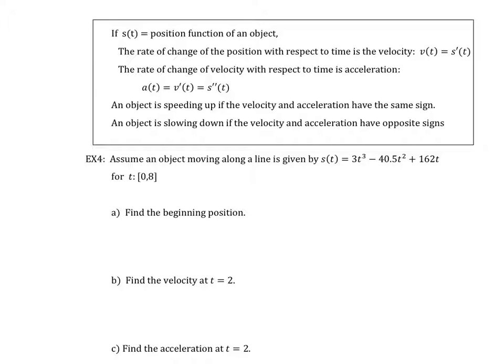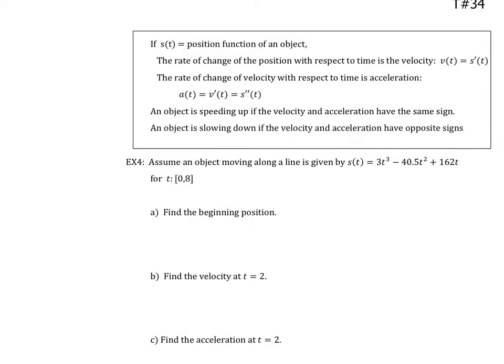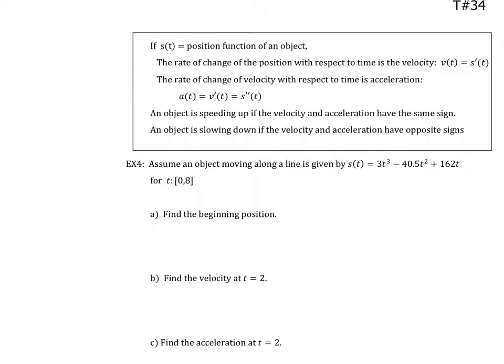So you have to realize that it kind of goes in that order. You have the position equation, its derivative is velocity, and its derivative is acceleration. So as I'm going down, I'm differentiating, or taking the derivative.